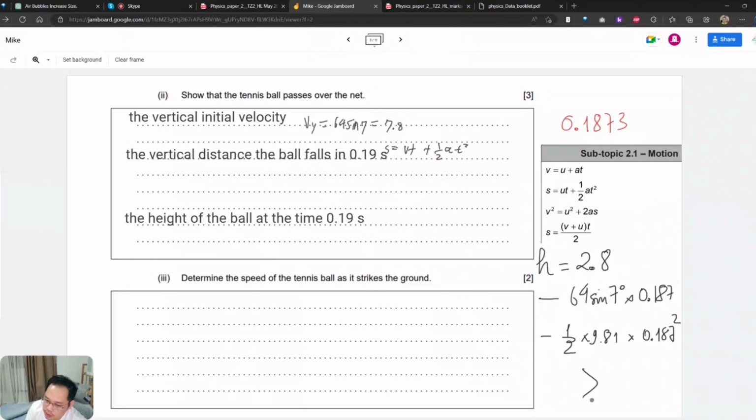This height will be greater than the height of the net, which is 0.91. So you can write one single equation like that to avoid rounding many times.